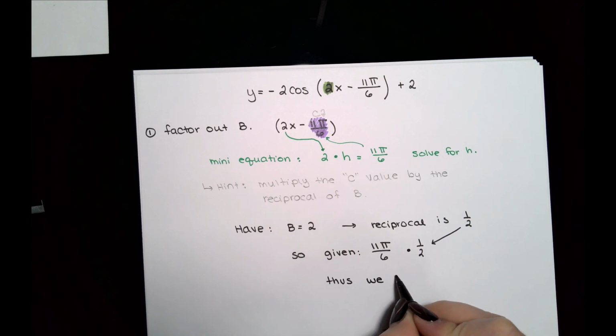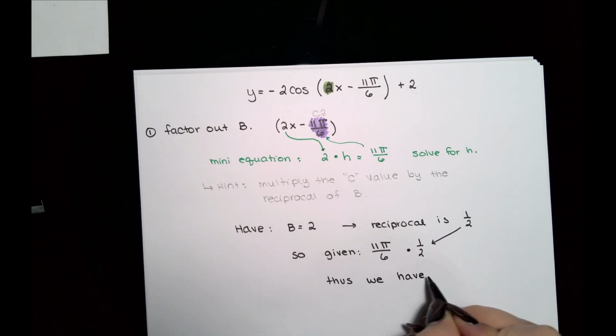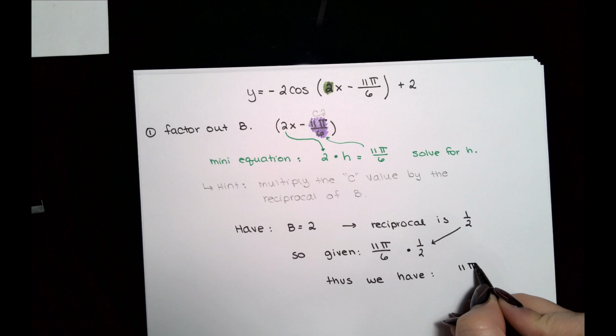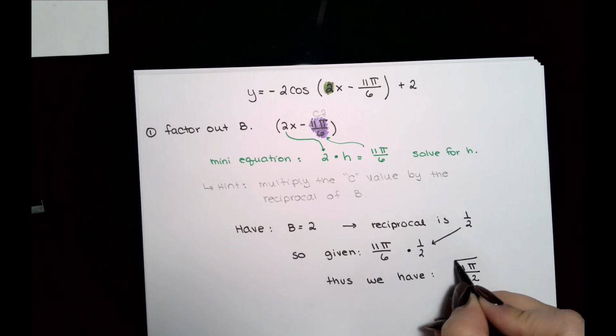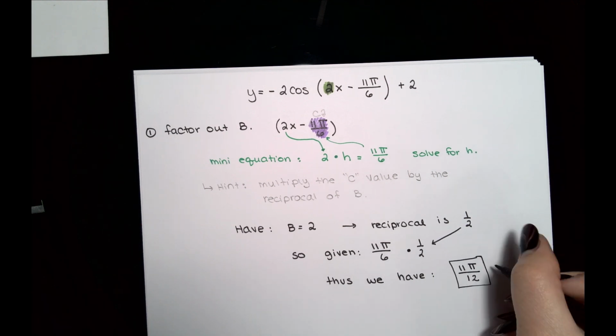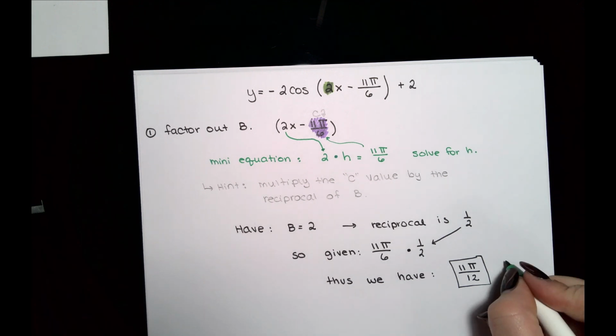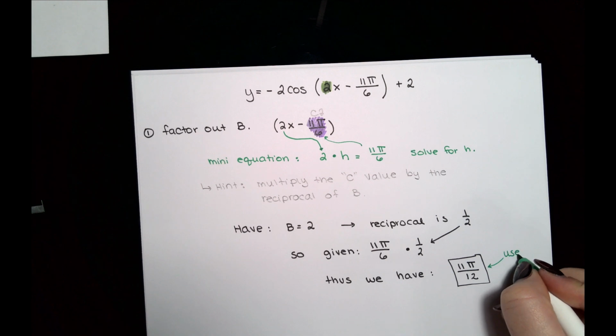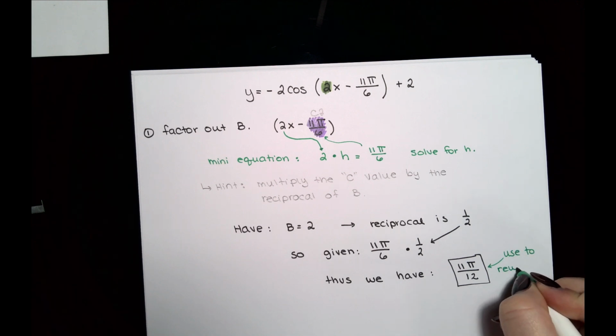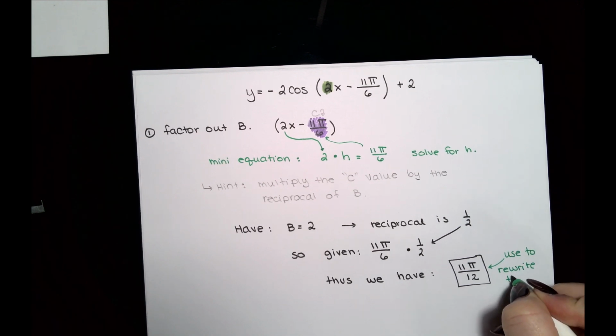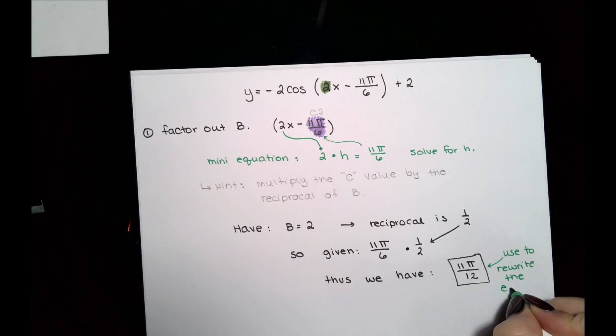So we have 11 pi over 12. Now be careful with this value. You still want to put this back into the equation, so you're going to rewrite the equation.